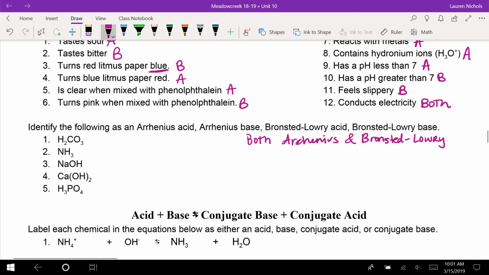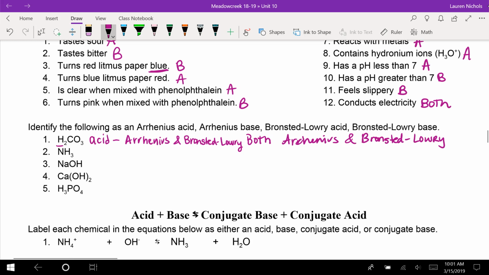So H2CO3. Well, it starts with an H, so that means it is an acid, and it is an Arrhenius acid and a Bronsted-Lowry acid. That's because there's no difference between Arrhenius and Bronsted-Lowry acids.